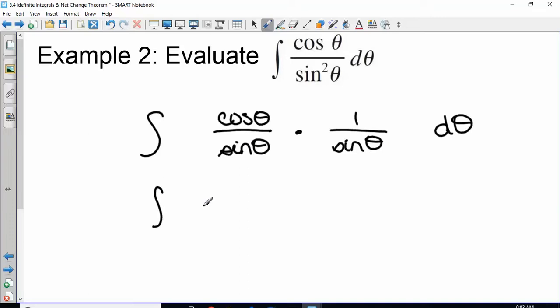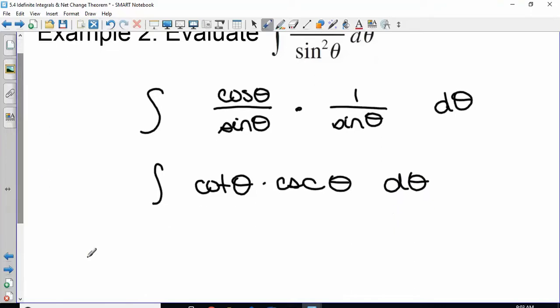What is cosine over sine? What is 1 over sine? Okay, this is still a product, so I can't just do the antiderivative of each one, but do we know anything that has a derivative equal to cosecant cotangent? Negative.